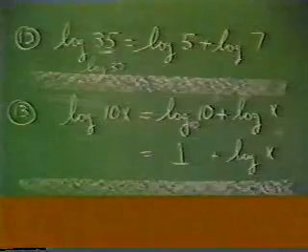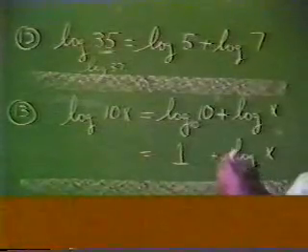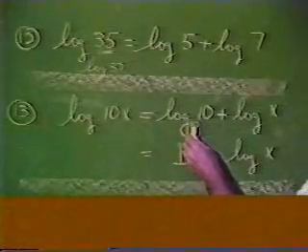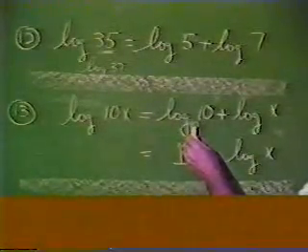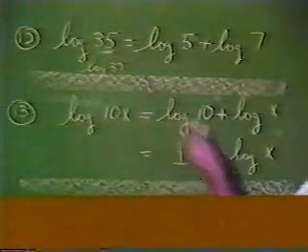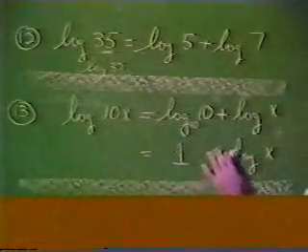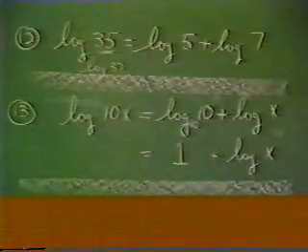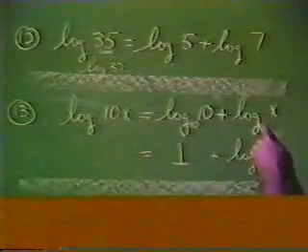Most calculus books will have log meaning base 10. If they want another base, which some of them use base e, they will spell it ln. But in here we can be assured that the logs they're talking about are base 10. So if it's not written, it's understood to be a 10.